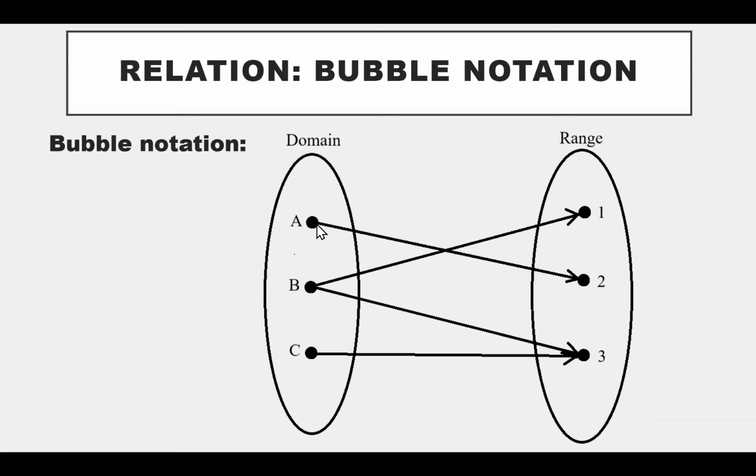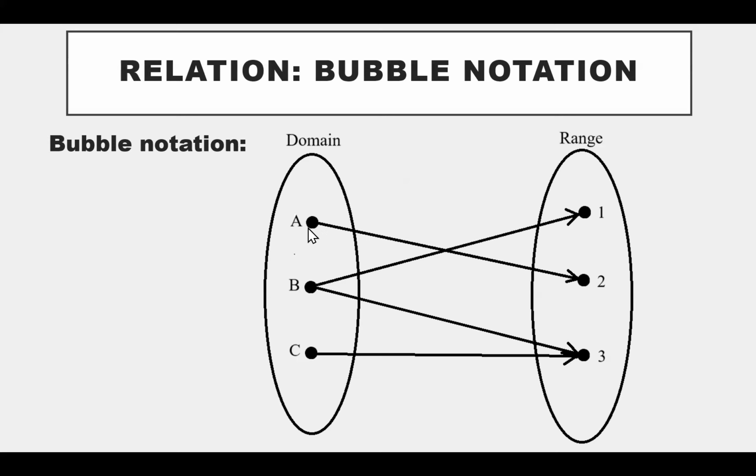And then the relation is the arrows between the elements of the domain and the elements of the range. Usually people put the domain on the left and the range on the right so that the arrows go left to right in English because that's how we read English.